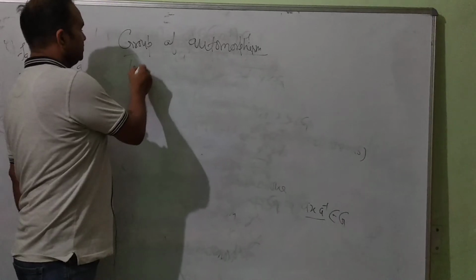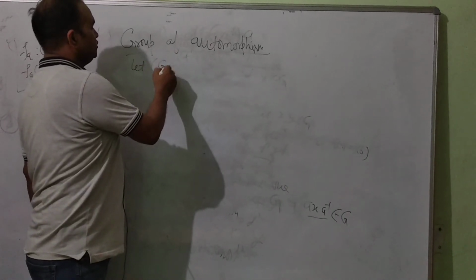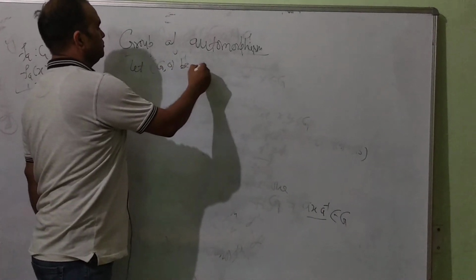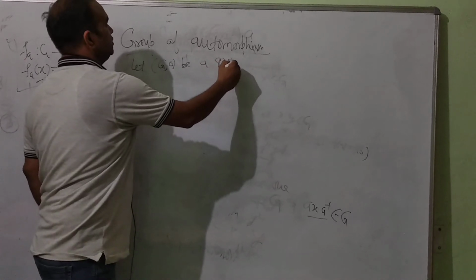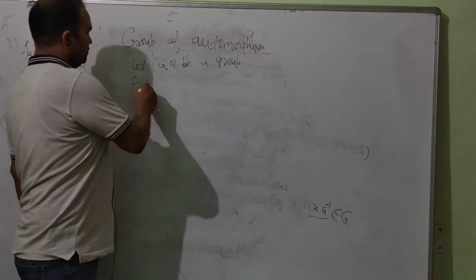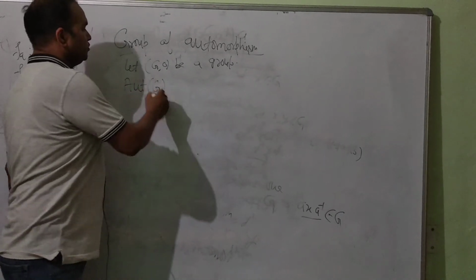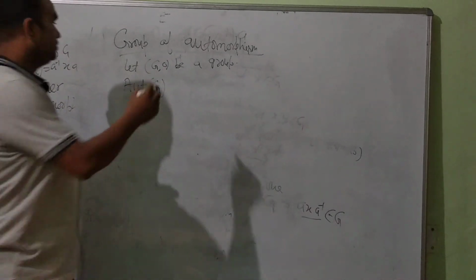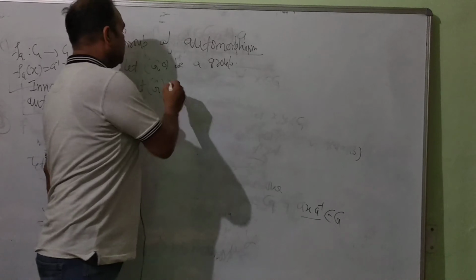So let G be a group. G suppose के लिए कोई ग्रुप है. Then the set of all automorphisms on G, हम Aut G डिनोट कर रहे हैं.